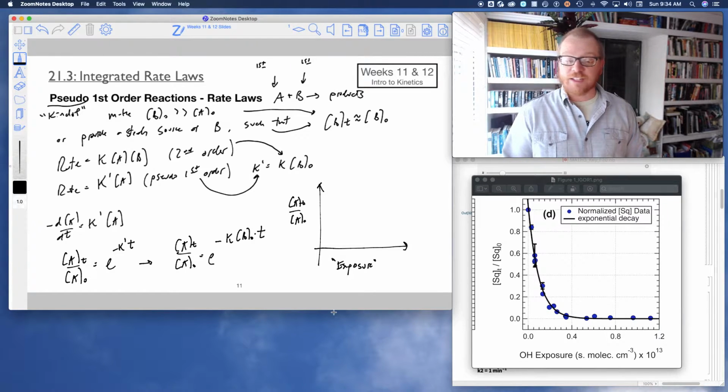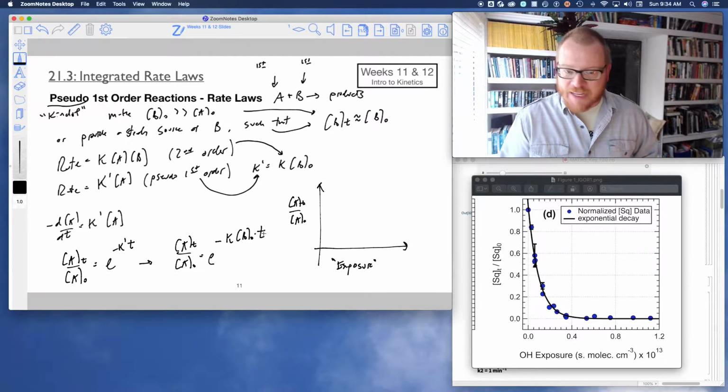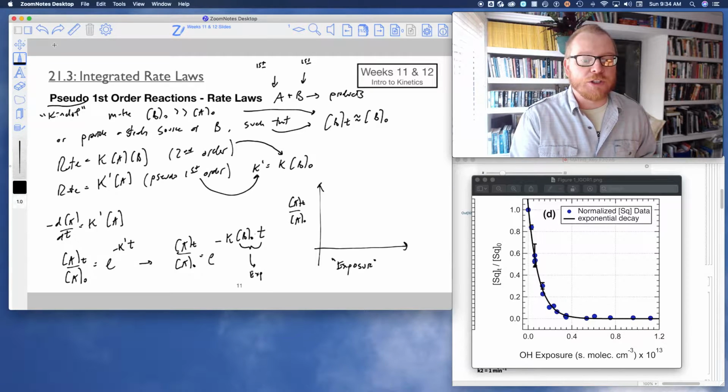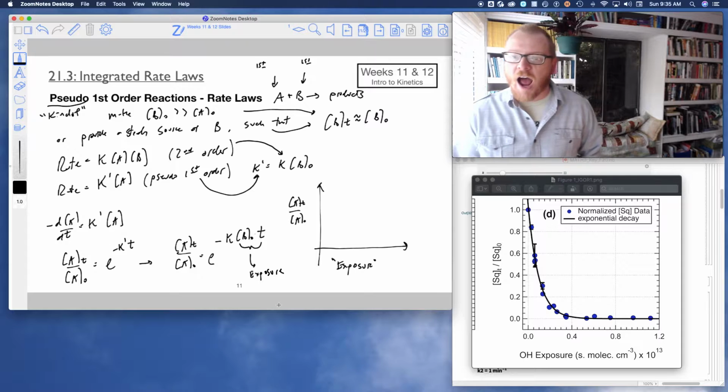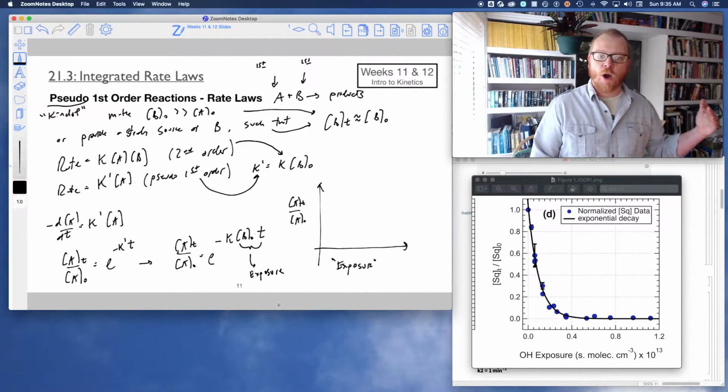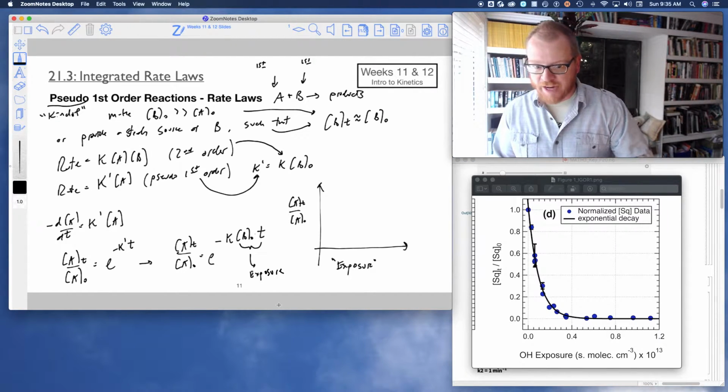So what is exposure? Well, it's this B0 times t. So this little chunk right here, instead of time, is what we call exposure. In other words, it's the duration of time that a reactant is exposed to another reactant.